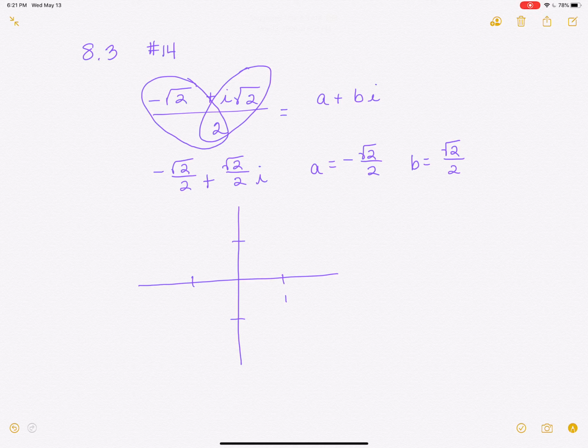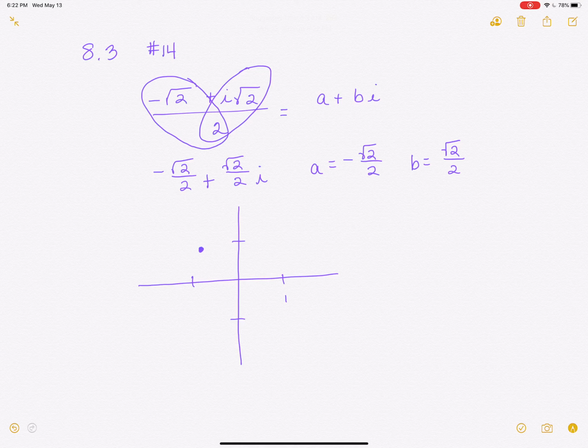All right, so I'm going on the real axis, I'm going negative, so I'm going to the left, square root of 2 over 2, so negative 0.7, and then on the imaginary axis, I'm going up, square root of 2 over 2, which is about 0.7, so I'm looking at that point about right there. All right, so this is the graph.